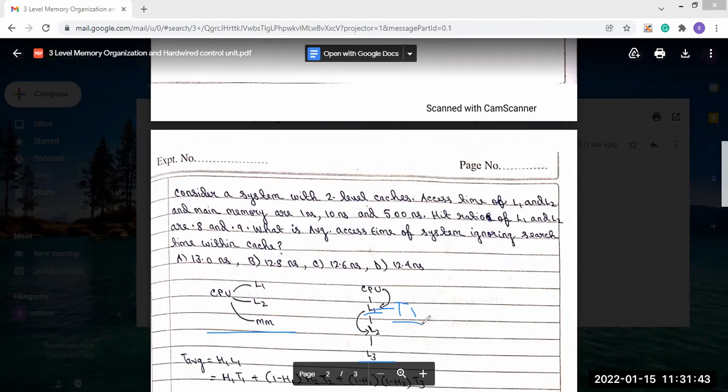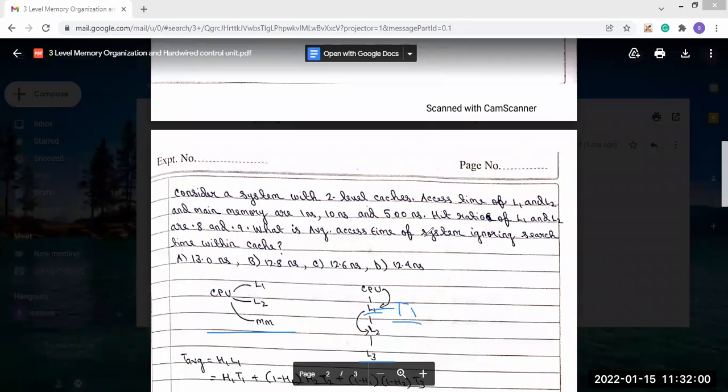So this is the wastage, no? This is the wastage. You have to search, and after wasting this time, you come to the conclusion that we didn't find that data in the L1.